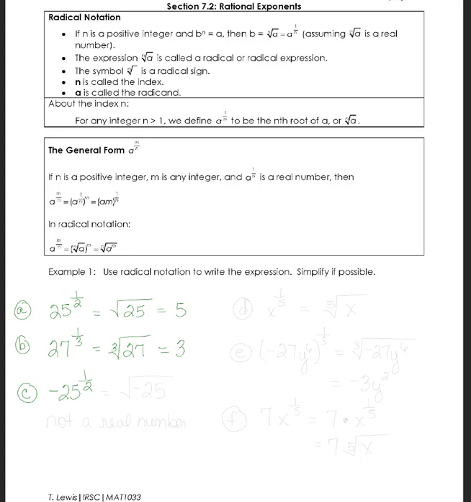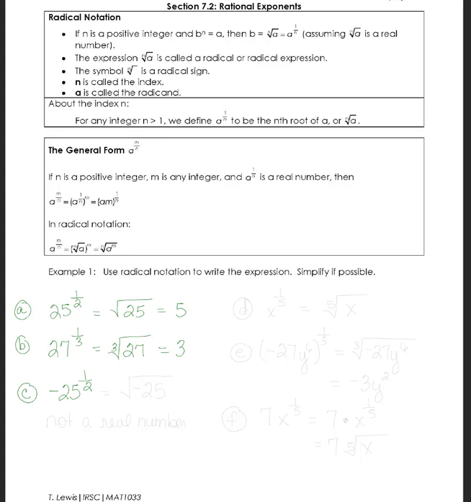From your fraction, that number that's in the denominator is going to be the index. When you're asked to convert a rational expression, that number that's in the denominator, when you write it as a radical, becomes your index. Okay? We'll talk about the numerator, when it's greater than 1, what we must do.